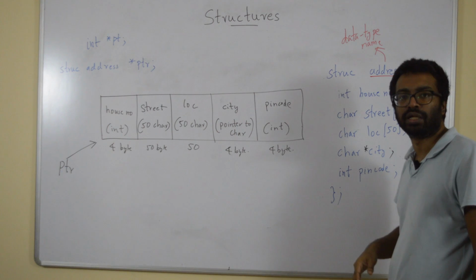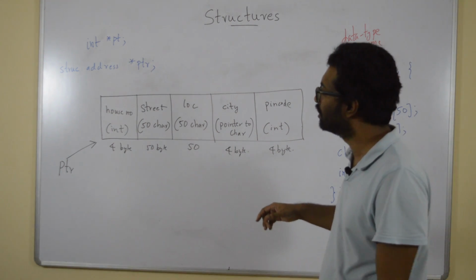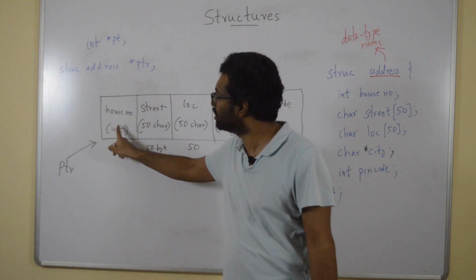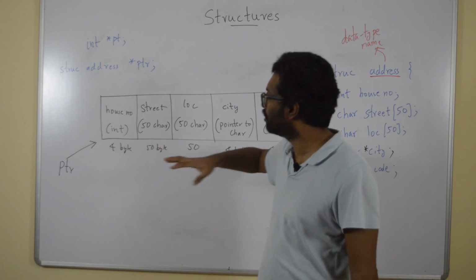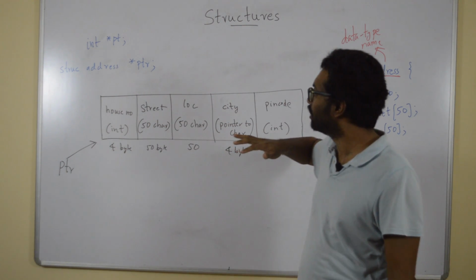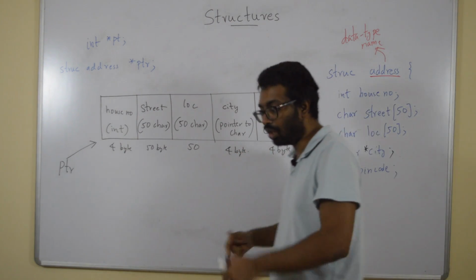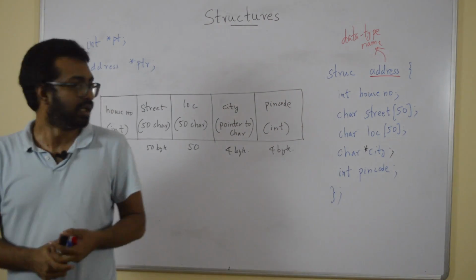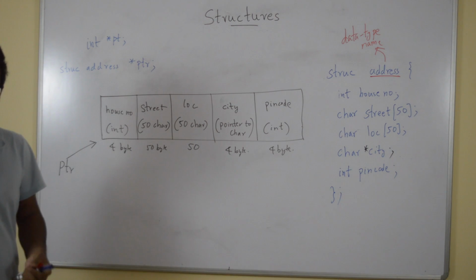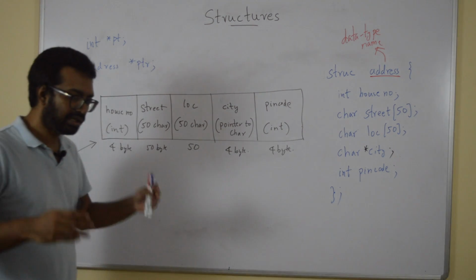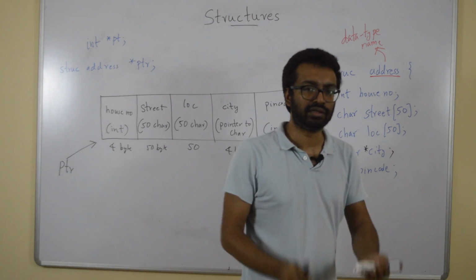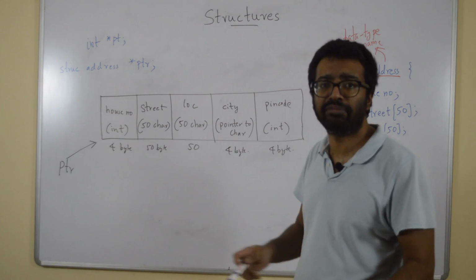Okay, right. Now I want to access, let's say, the house number, the street name, the location name or city or pin code. How do I do that now? Using the ptr, right? Now if it was an int, I could have accessed it using star ptr, right? So I can do the same thing here.